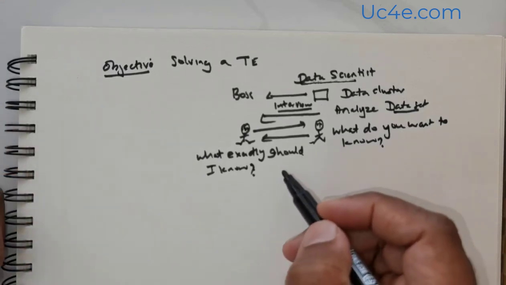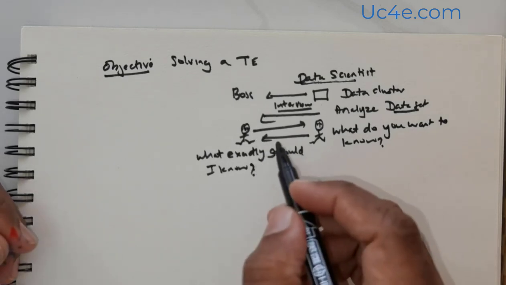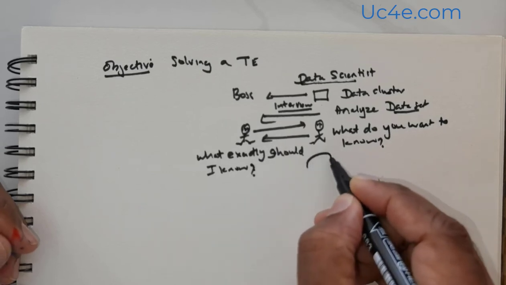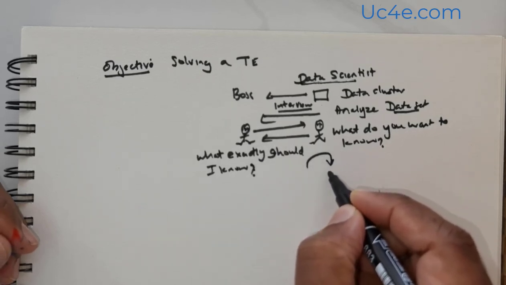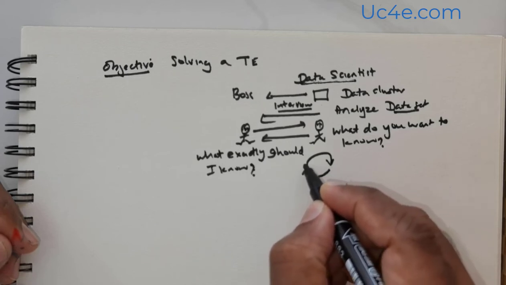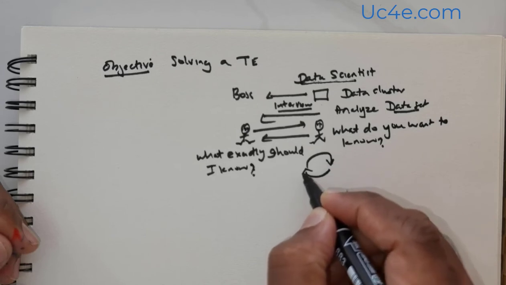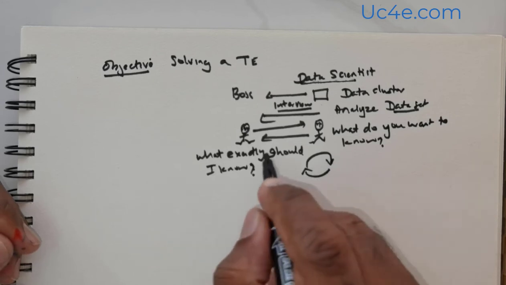What am I supposed to be knowing from the data set? So there is a circle that would eventually start here, a spiraling circle. The question from the boss to the data scientist and the data scientist giving back the question would never end at all.